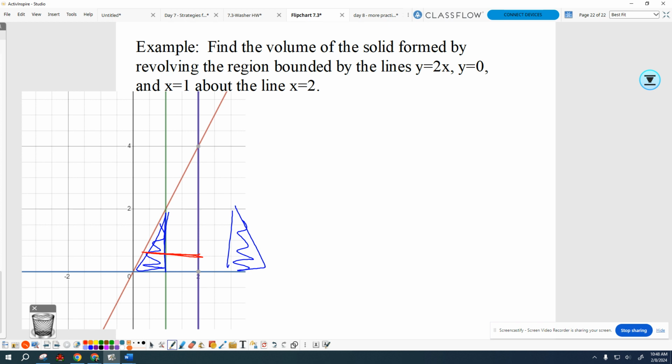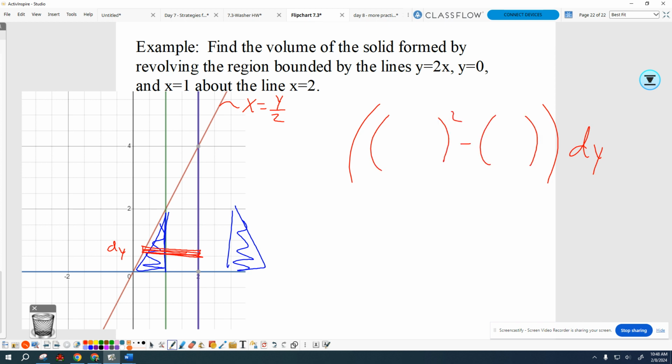Okay, which way does this go? So x equals y over 2, because first of all, I need the equation with y's in it, because this is a dy slice. And there's two radiuses, so the outside radius squared minus the inside radius squared, integrate from 0 to 2.